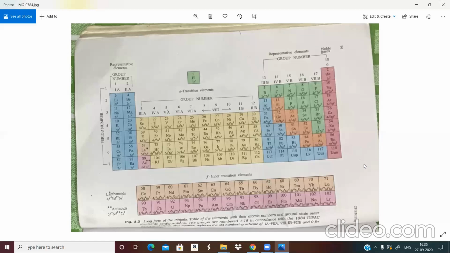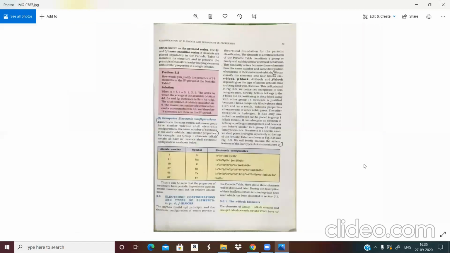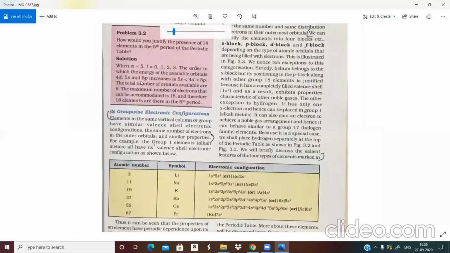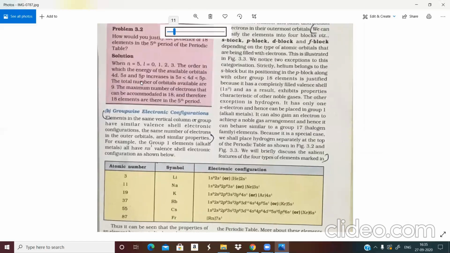For example, let us take the elements from lithium, which has atomic number 3 with the electronic configuration 1s2, 2s1. And the next element, sodium, which has the electronic configuration of 1s2, 2s2, 2p6, 3s1, with 11 as atomic number.